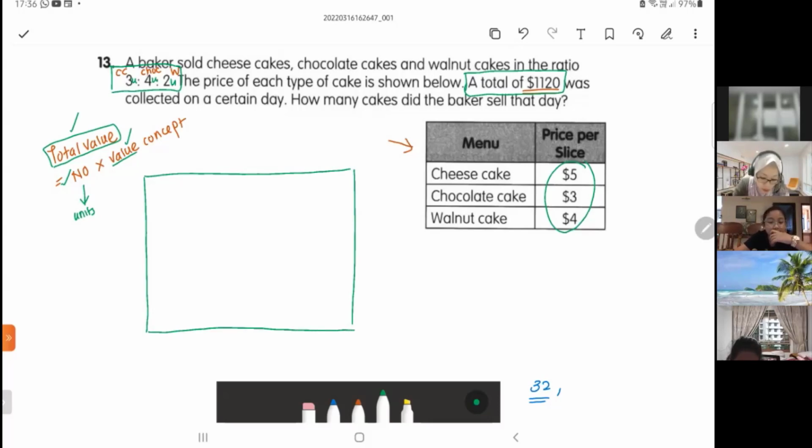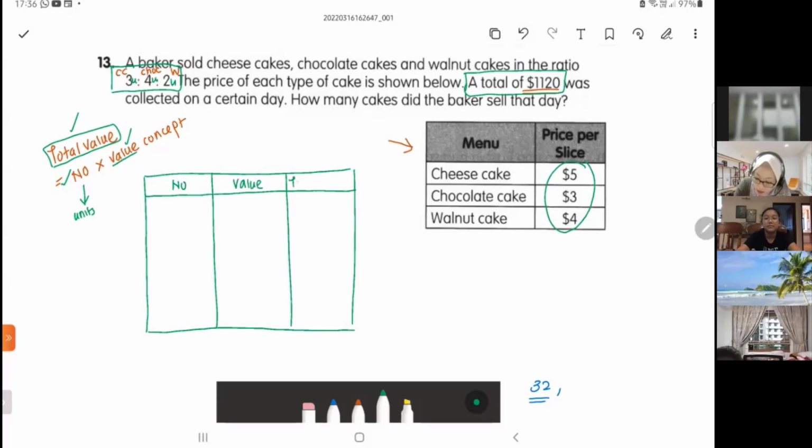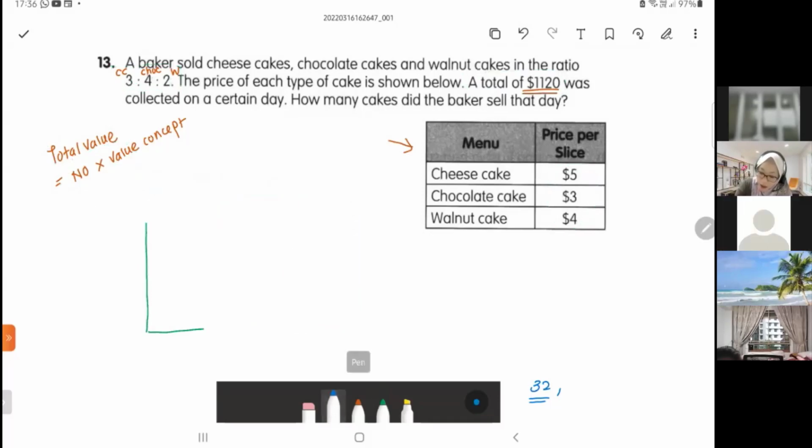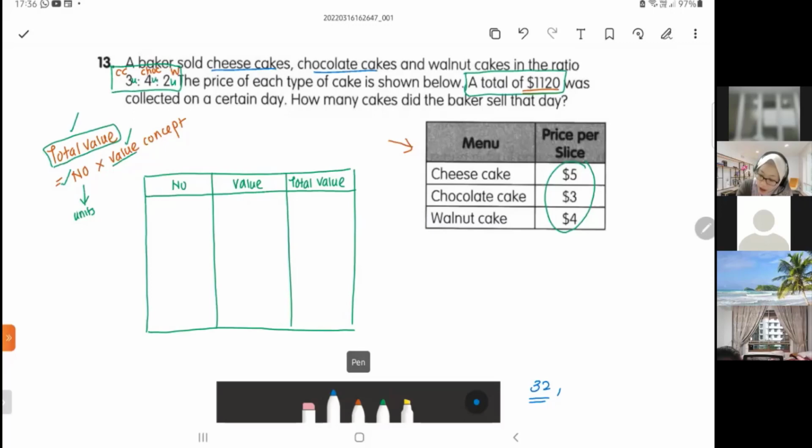Okay, so this is number, this is value, this is total value. Then we have the 3 different cakes, right? We have the cheesecake, chocolate cakes, and walnut cakes.